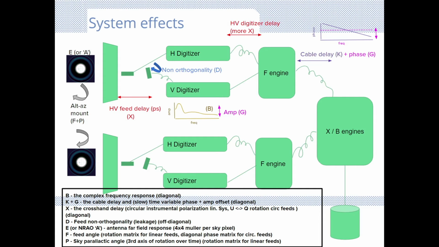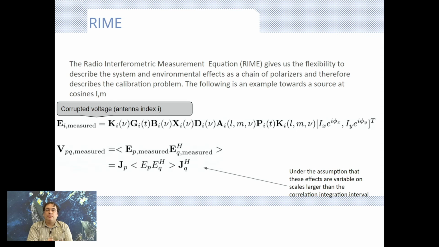So at this point we have multiple effects, and so let's look at them in the chain. What we refer to as this measuring equation is the radio interferometric measurement equation. It basically just gives us a way to describe all the various different sources of propagation error on the signal that we're trying to measure.